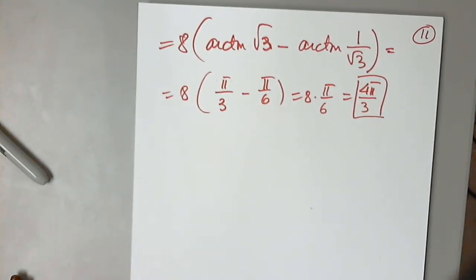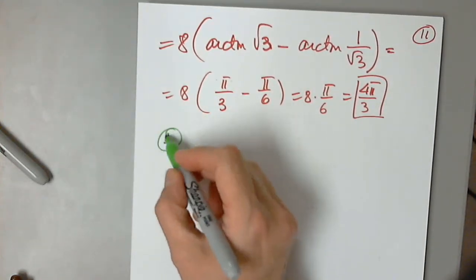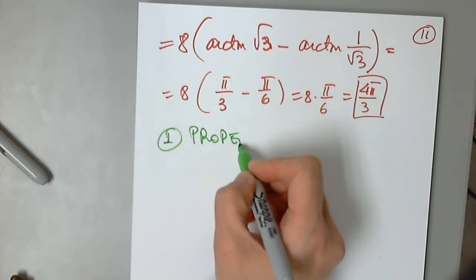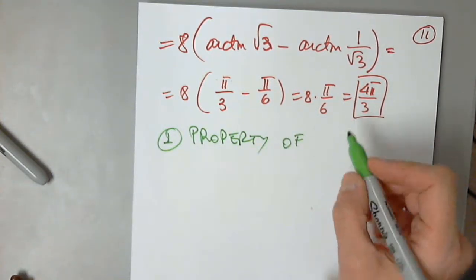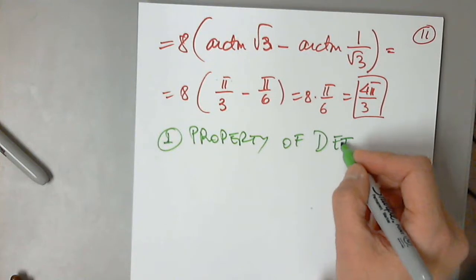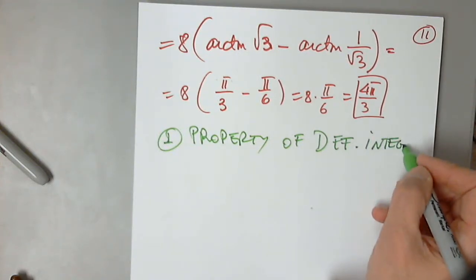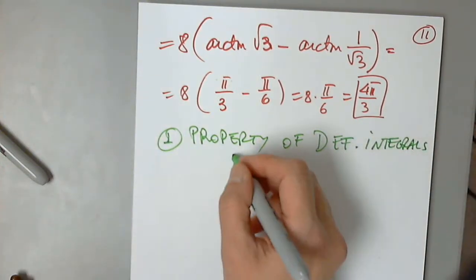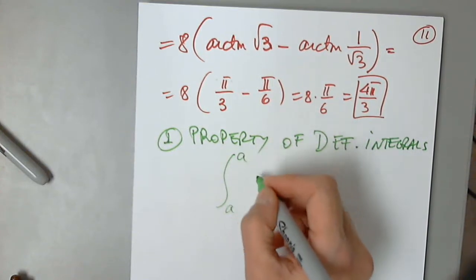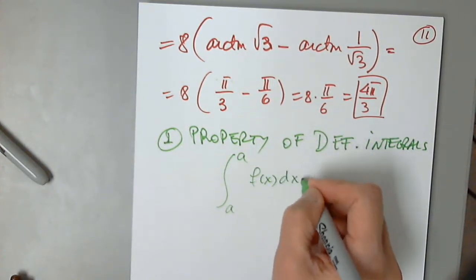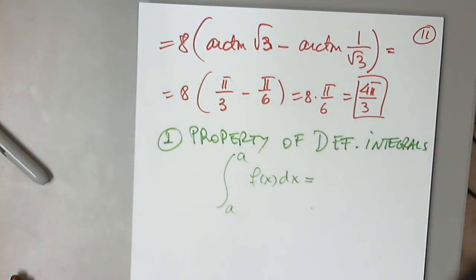Okay, so let's look at the first property. Number 1, property of definite integrals. This is the nicest. The area under the graph of f of x between a and a, between 2 and 2, between 3 and 3.